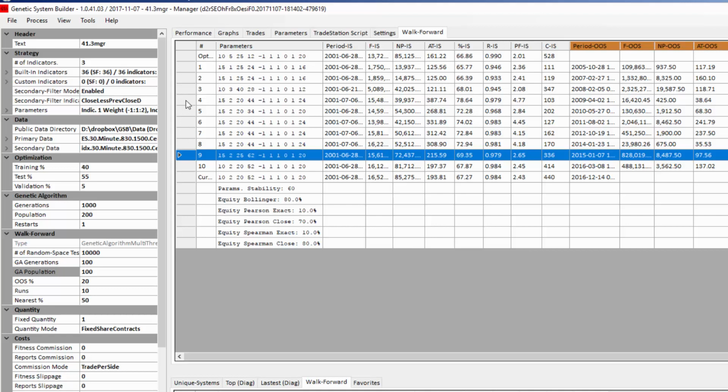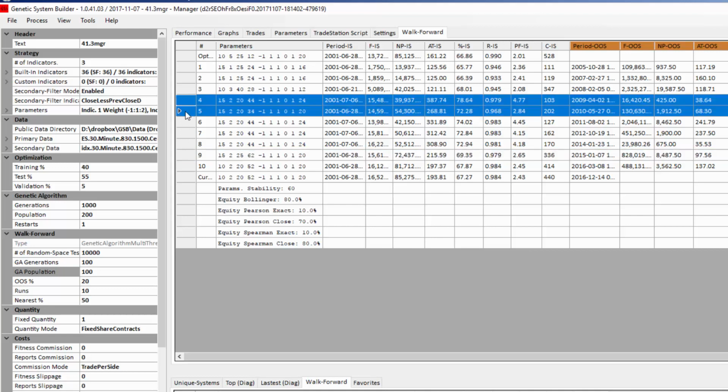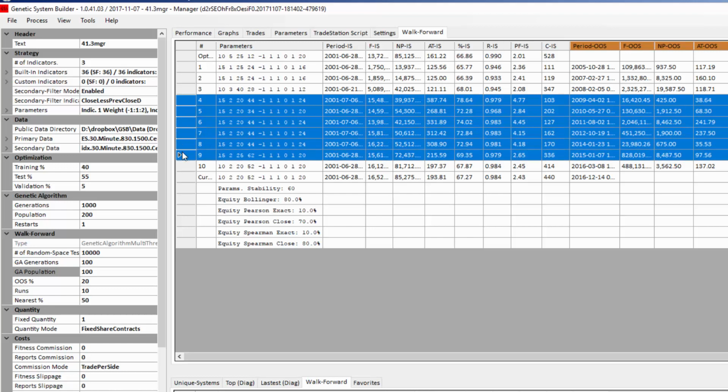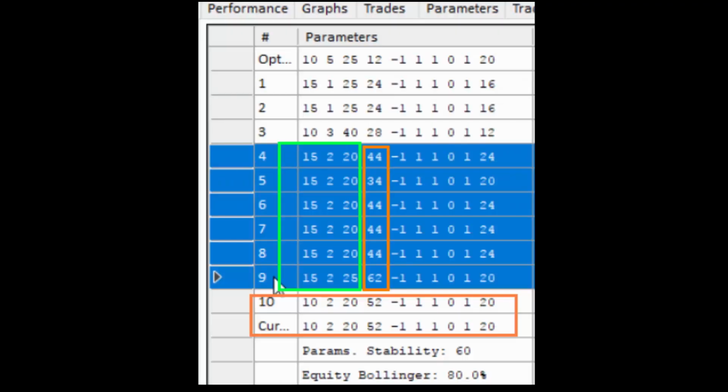So basically, you've got a very stable parameter set along here, and then the markets have changed, and it thinks it now needs a change. So this would be acceptable because it's stable in general, and it's stable for the last two, but I'd probably be cautious and just say, let's go pick another system. I would prefer to see stable parameters for 3 runs, not just the 2 shown here.